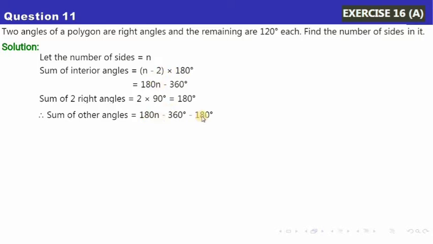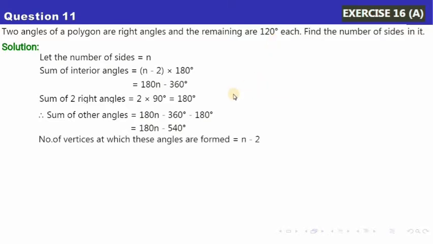This is actually the sum of the remaining angles other than 90 degrees. Other than 90 degrees means there are 120 degree angles. Now how many are there? We don't know that.